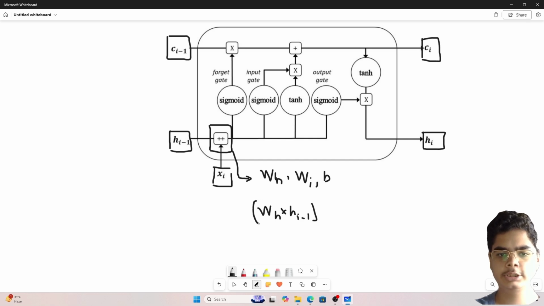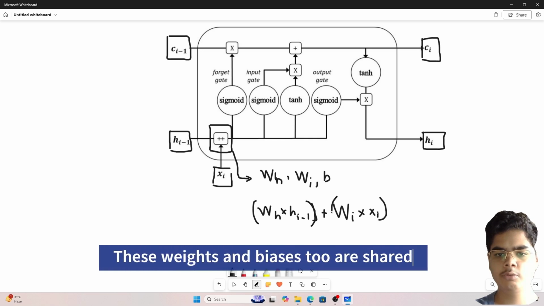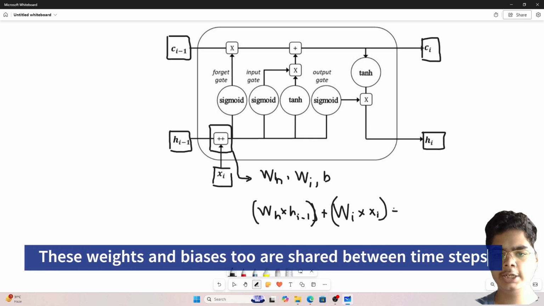Then the result of this multiplication will be added to another multiplication, which is W_i, the weights corresponding to the input, into the input itself. So x_i. Now once we have this, we will add it to the bias. So this will give us some number. Let us represent it by r.